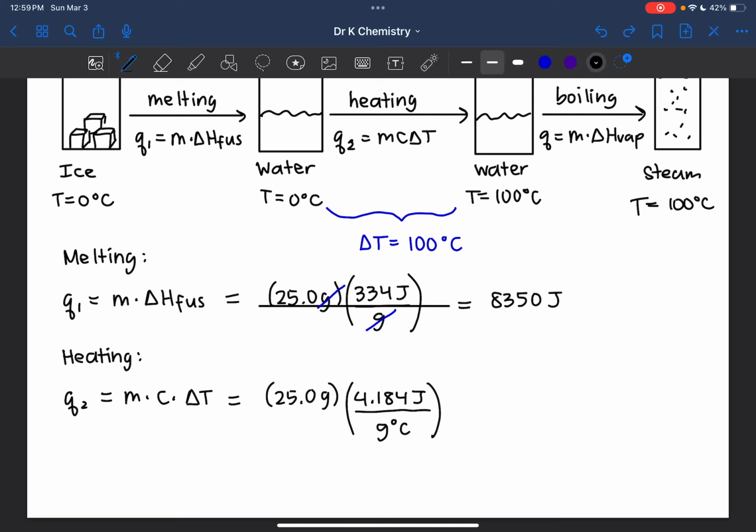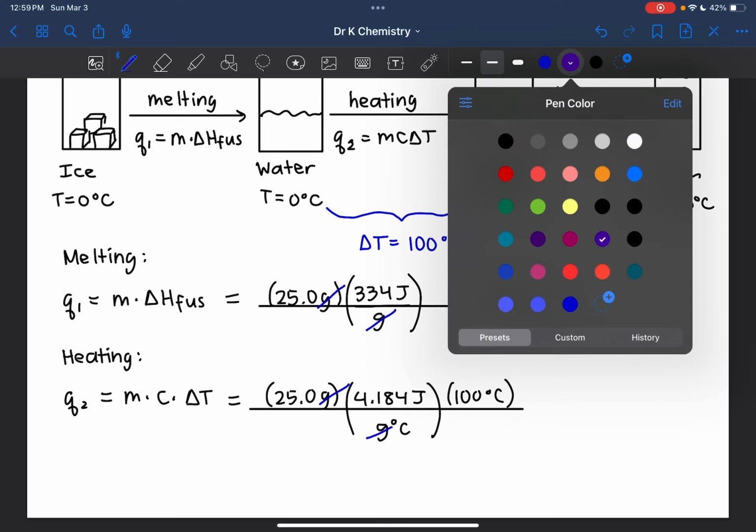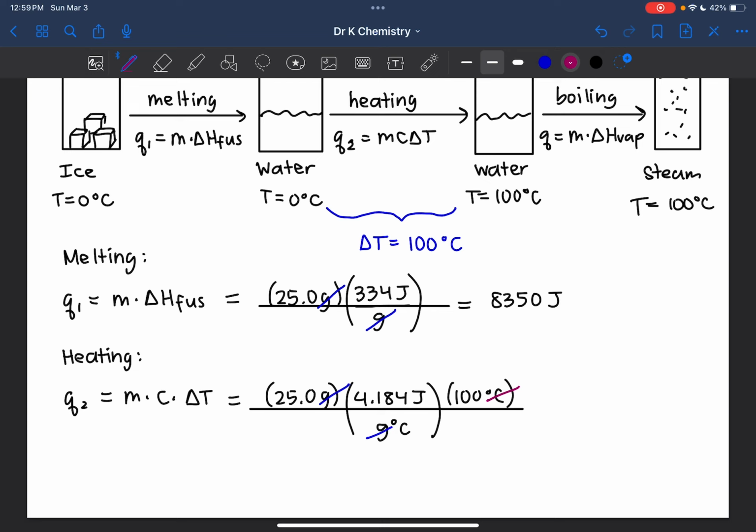And finally, I'm putting in the change in temperature, which was 100 degrees Celsius. I'm going to extend this line just to make it a little bit easier to see which unit is where, and then we'll cancel stuff out. Notice grams are on the top and on the bottom, so they cancel out. And then we have degrees Celsius on the top and on the bottom, they cancel out.